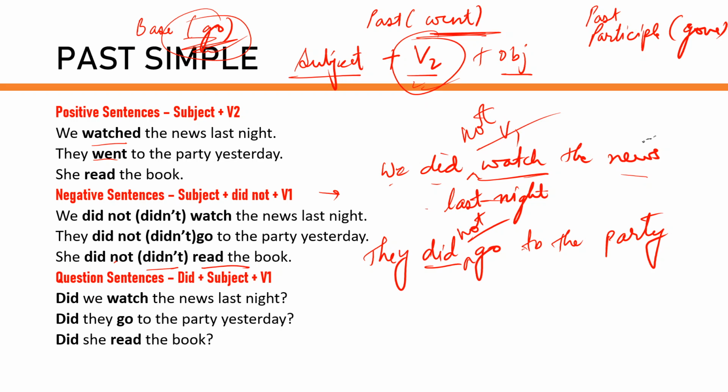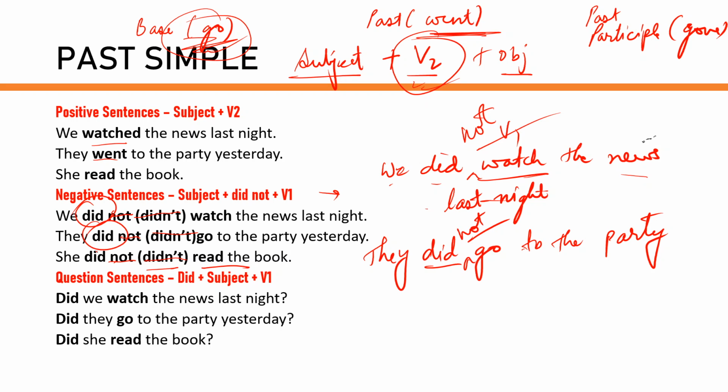Okay. Now if you were to make questions, what would you do? First of all, let's remove this not for now, because we are not making negative interrogative right now. So we will do the same thing we did in previous sentences in other tenses.